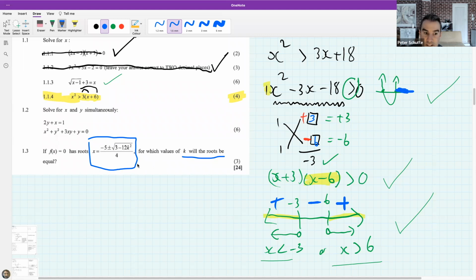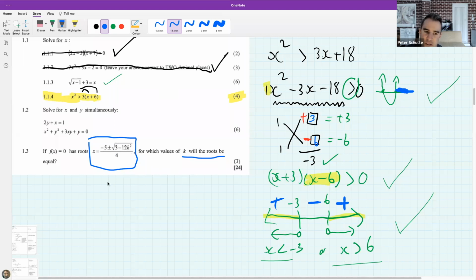Okay, so nature of the roots is a good tip, Shoshana. Yes, nature of the roots. And the reason nature of the roots is involved is, isn't this the quadratic formula, right? So it's almost like they're saying there was some equation equals 0. Here are the roots. For which values of k will the roots be equal? The roots are like the solutions to an equation.